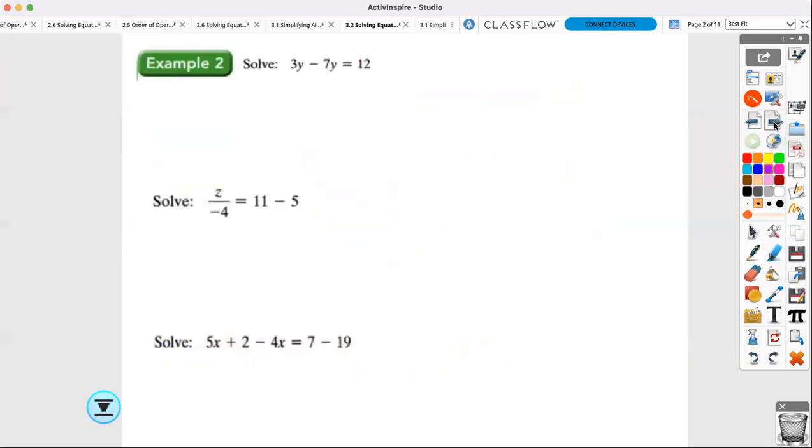Okay. Here is example 2. Notice how the plot thickens. We have 3 examples here. I'm gonna go ahead and give you 1 minute.